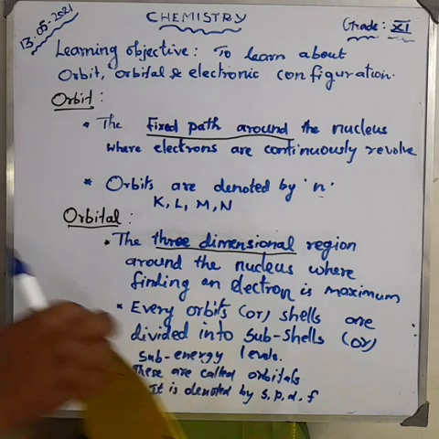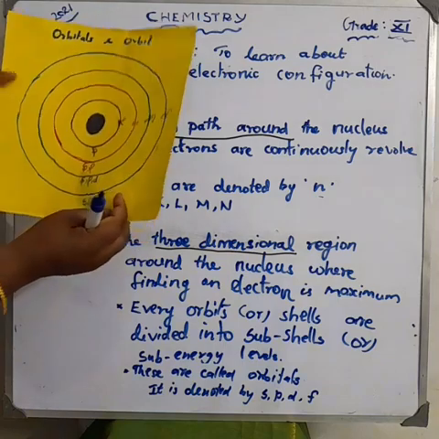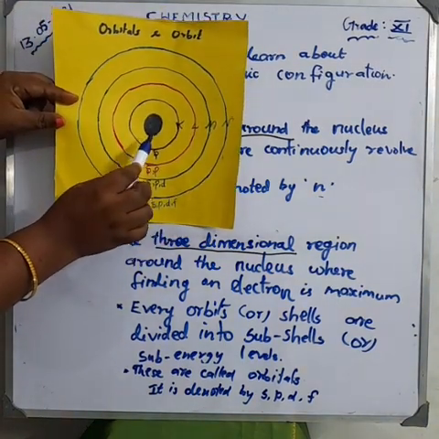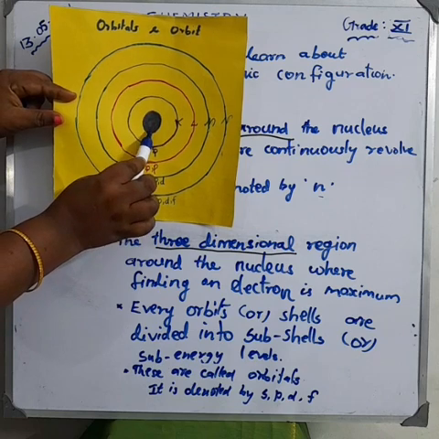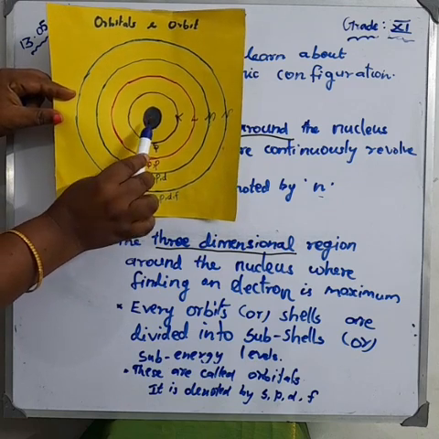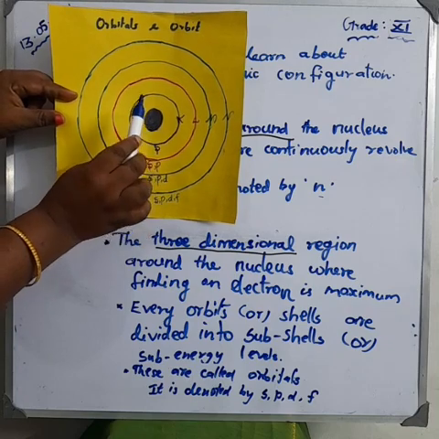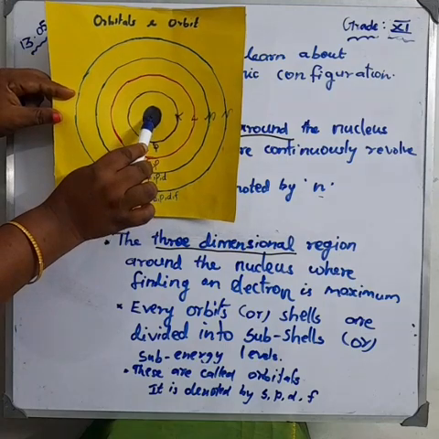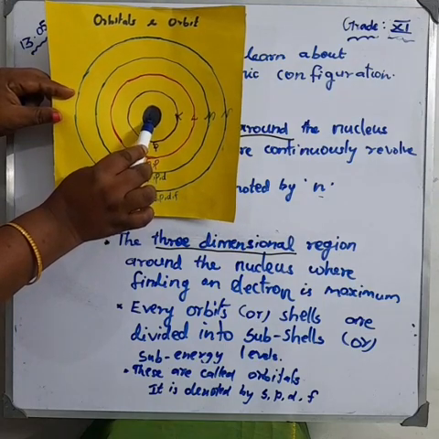Okay. Listen here. This is the nucleus. This is the structure of atom. The nucleus is present at the center of the atom, and this nucleus is positively charged. The protons and neutrons are present here.